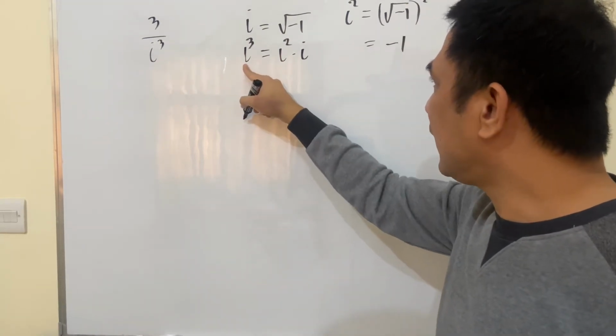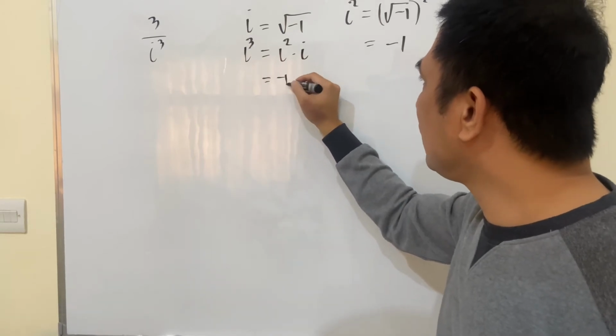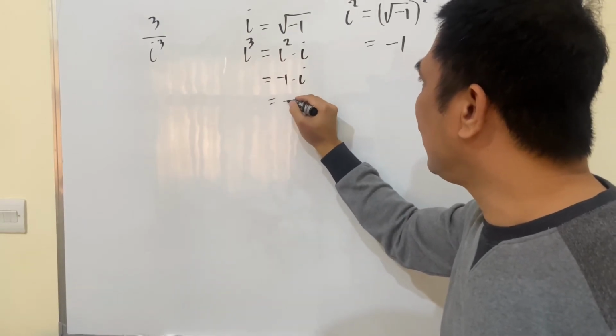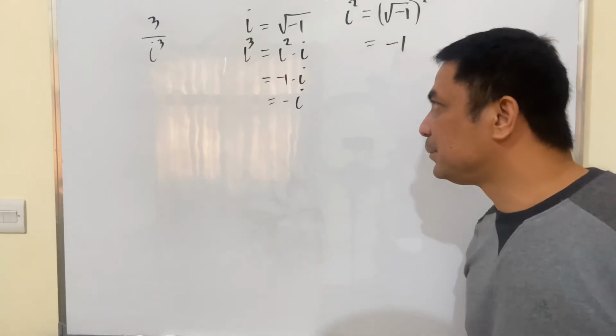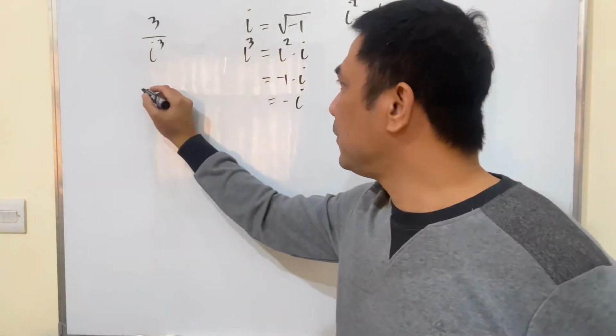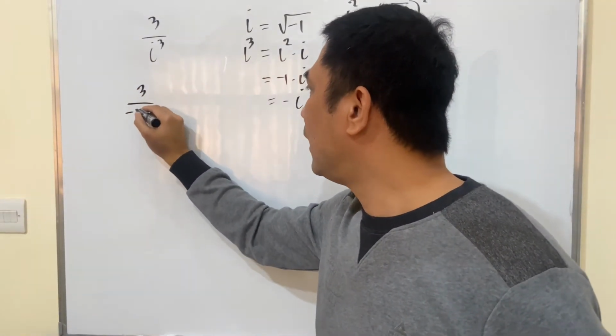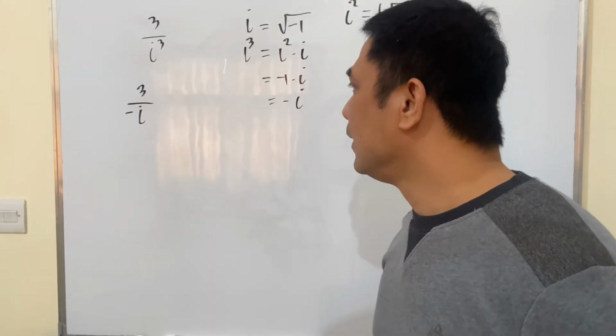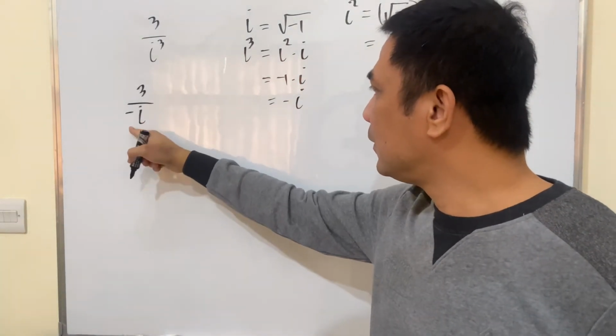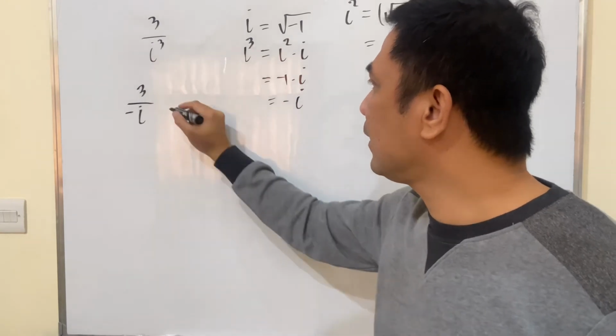So that means i cubed is equal to negative 1 times i, which is negative i. So to simplify this further, we have here 3 over negative i. So we have to eliminate the radical sign there.